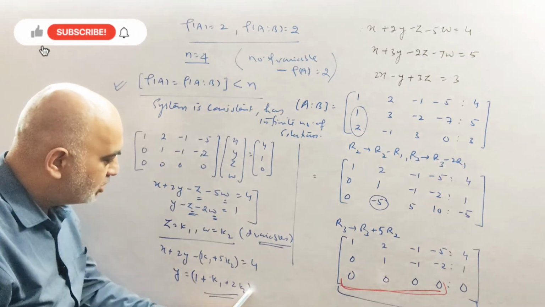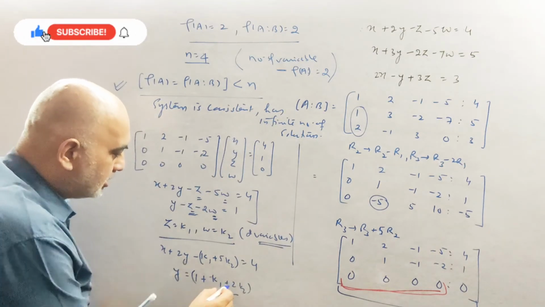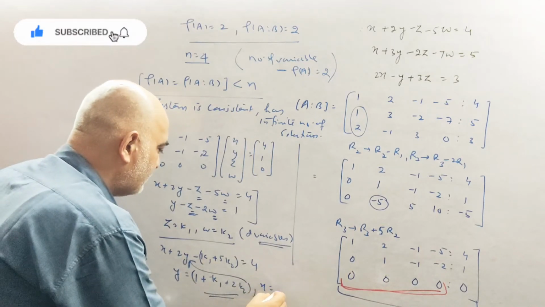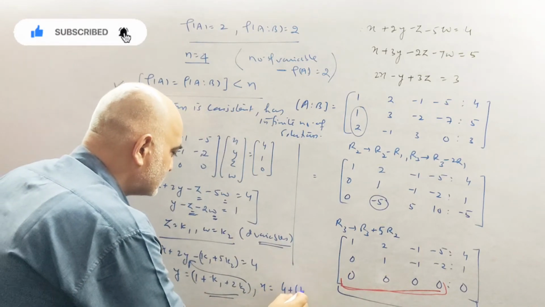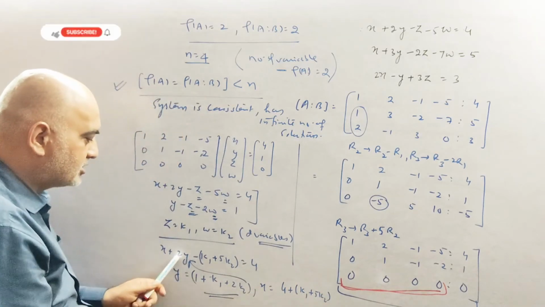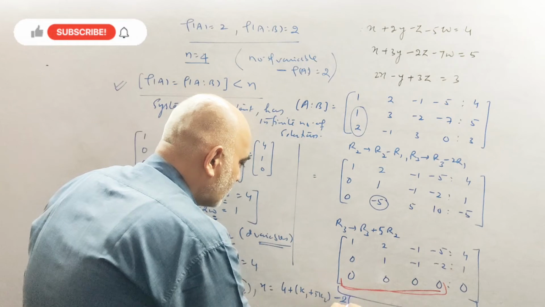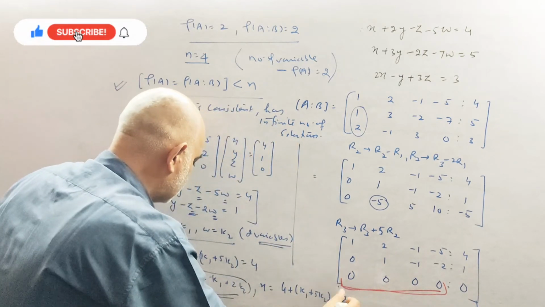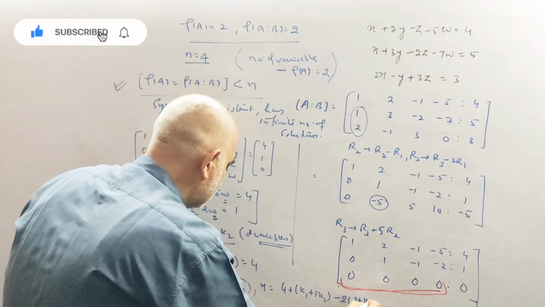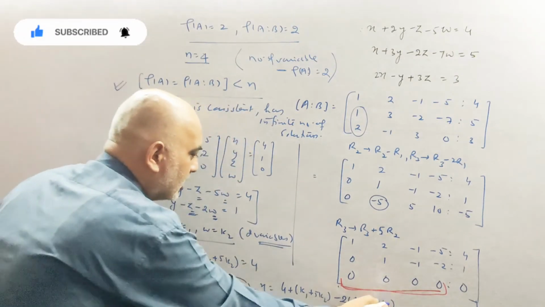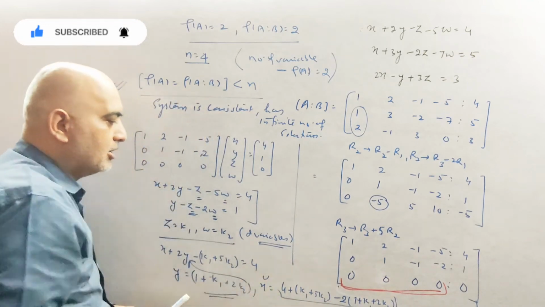Whenever you replace this y into the first equation, we can find the value of x also. What will be x? That is 4 plus k1 plus 5k2, minus twice of (1 plus k1 plus 2k2), and you solve this to get the value of x.